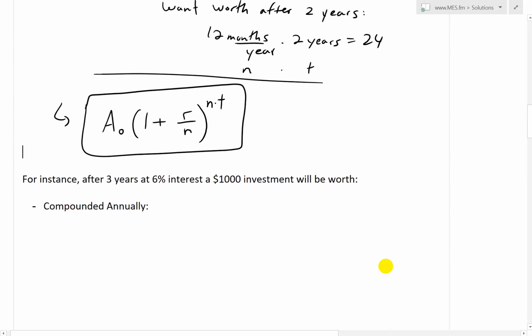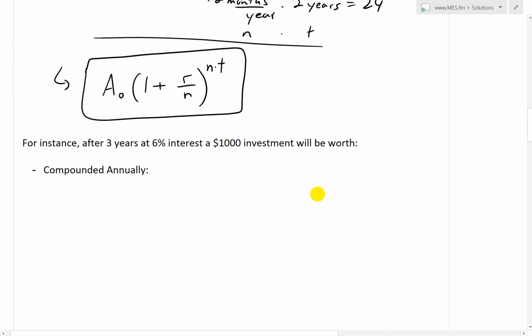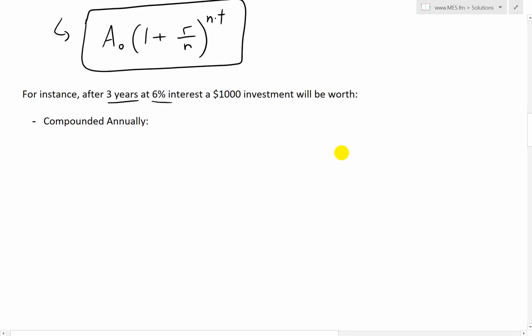And to help illustrate this concept, let's look at an example. For instance, after 3 years, so our t is 3, at 6% interest, a $1,000 investment will be worth, if compounded annually, well, A0 is 1,000, r is 6%, and t is 3.